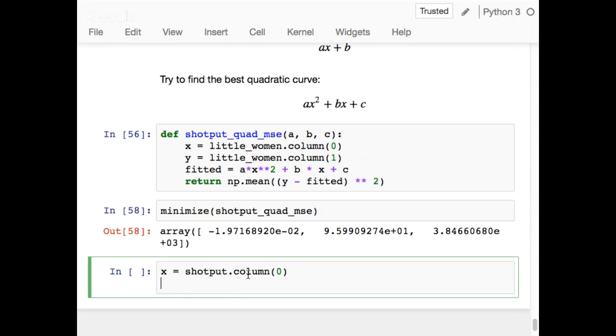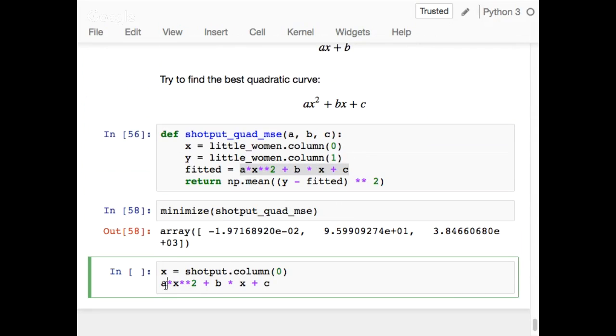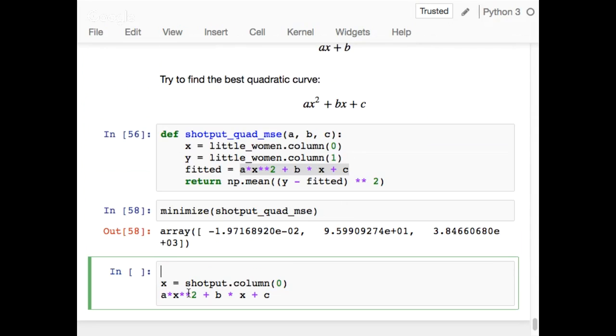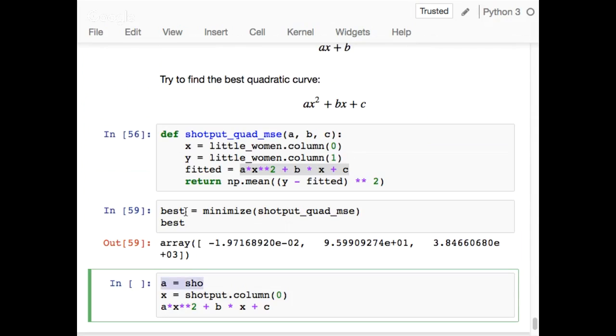So take my x values, and I'm going to predict. Let's call this best. Best, I'm going to save this value. A little nifty trick is if you have 3 values in an array like this, I can try to do this.